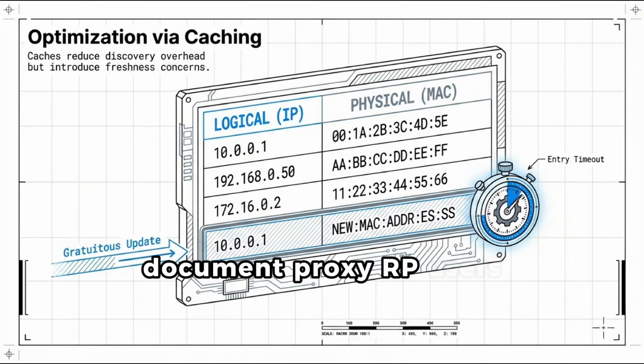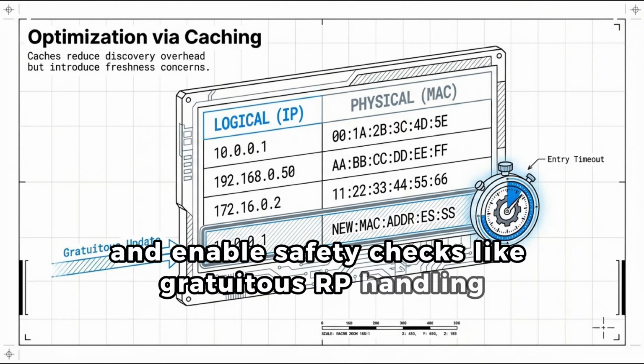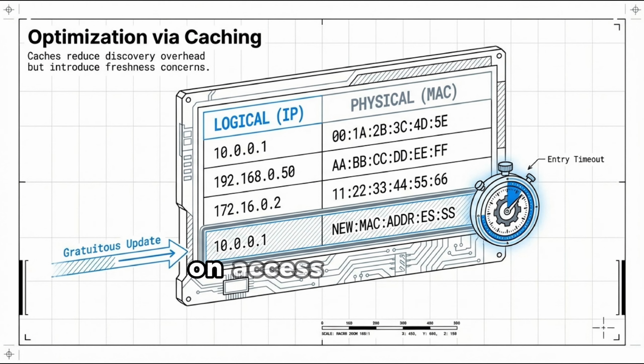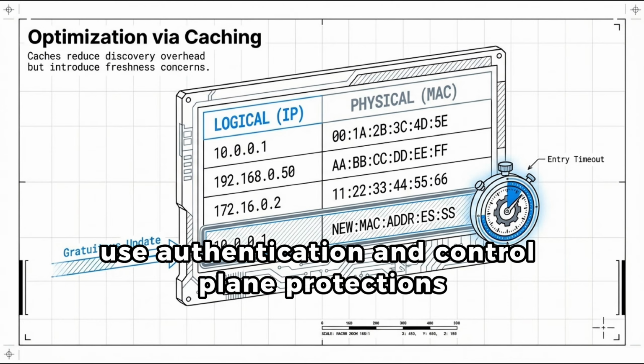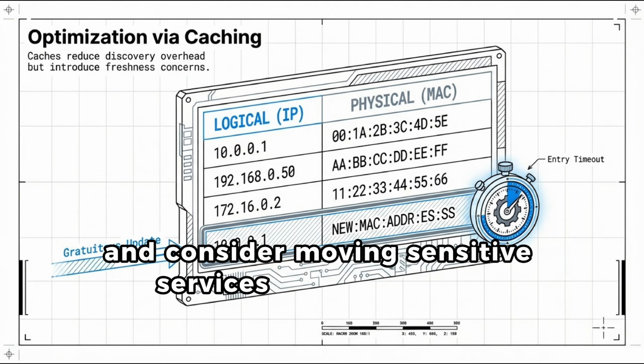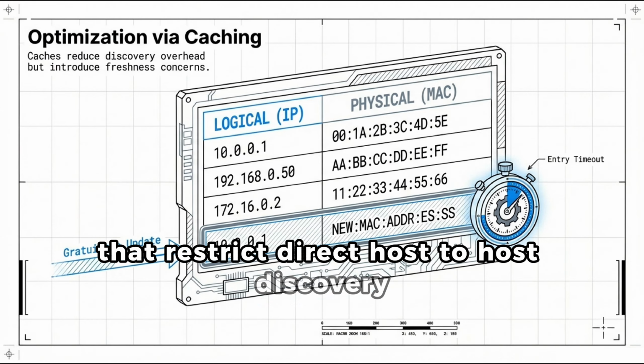Document proxy ARP uses and enable sanity checks like gratuitous ARP handling and ARP inspection on access switches. Where security is a concern, use authentication and control plane protections, and consider moving sensitive services behind proxies or gateways that restrict direct host-to-host discovery.